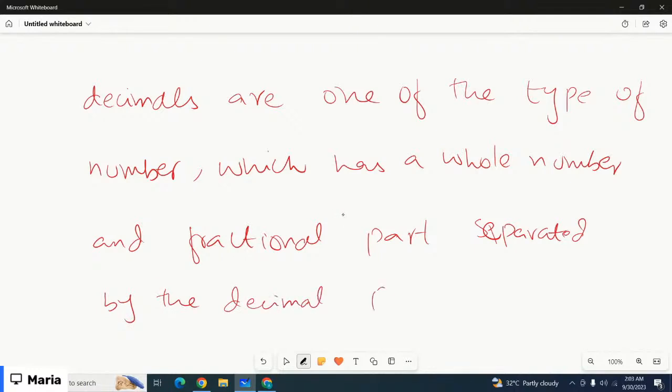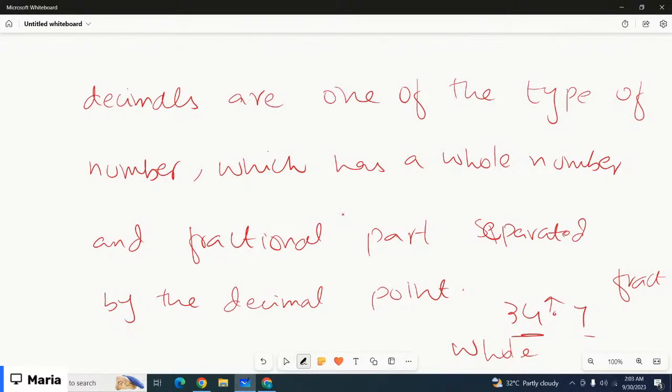For example, 34.7, right? 34 is the whole number, 7 is the fractional part, and here is the decimal point. So 34.7 is a decimal number, right?